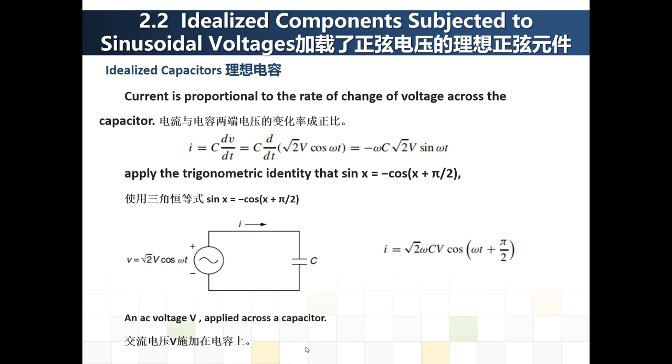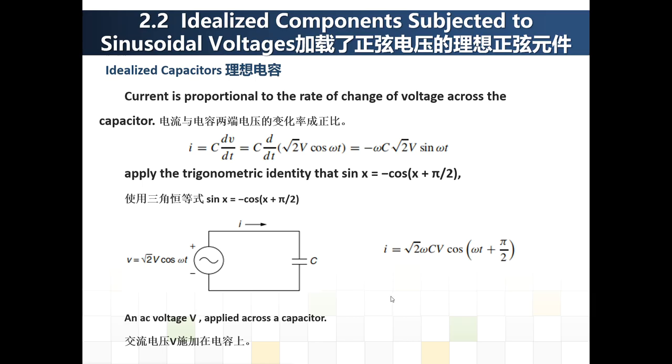Now let's look at when a sinusoidal voltage is imposed on an idealized capacitor. As shown in this figure, when an alternating voltage is imposed across a capacitor, the current is proportional to the rate of change of voltage across the capacitor.